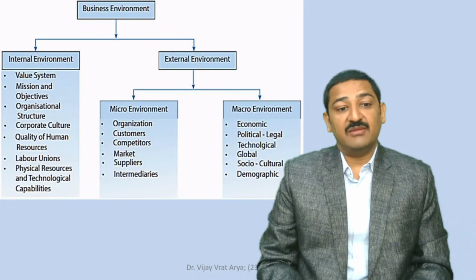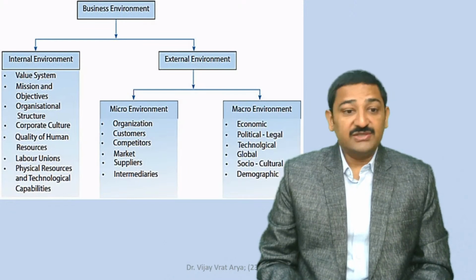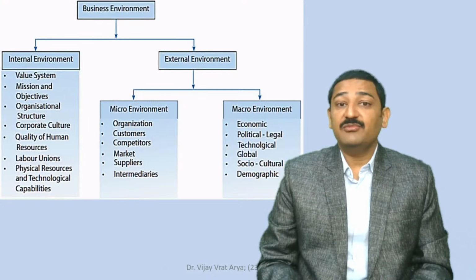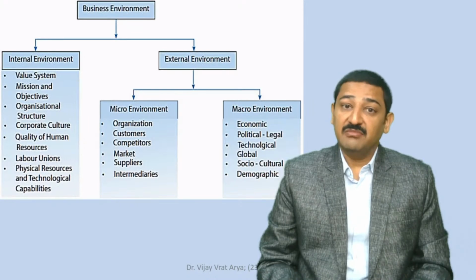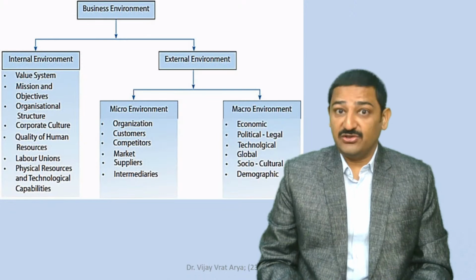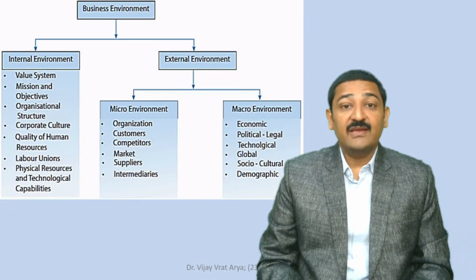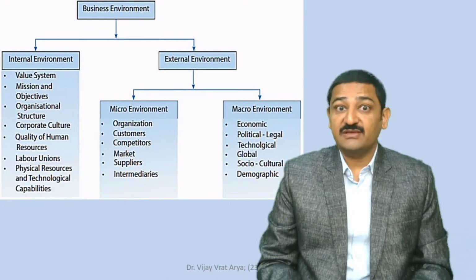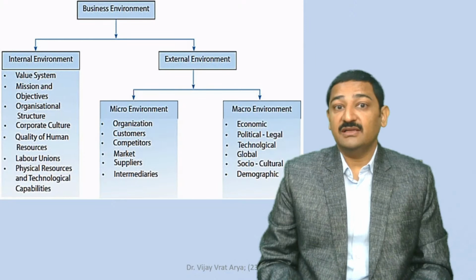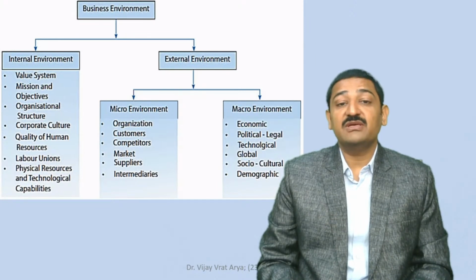Within the micro environment, the customer in the open domain, the position of competitors, the market position, the nature of the market, or maybe the suppliers, their tendency, their stand, and their negotiation position need to be understood first, and different types of intermediaries which take part in the execution of business activities also need to be considered under the micro environment.